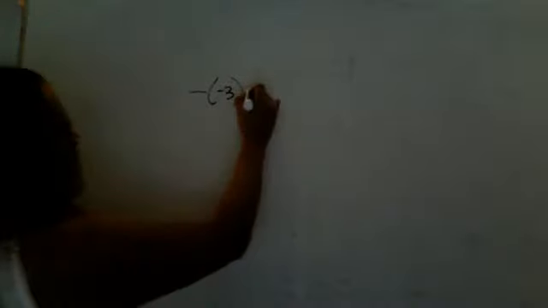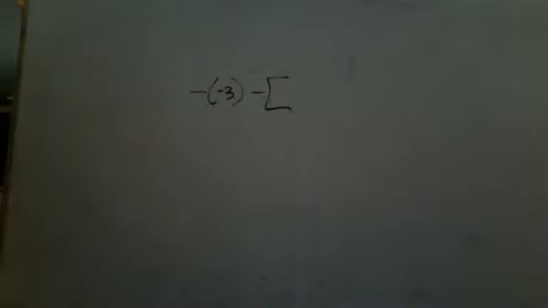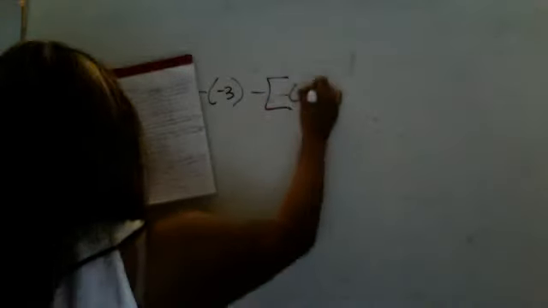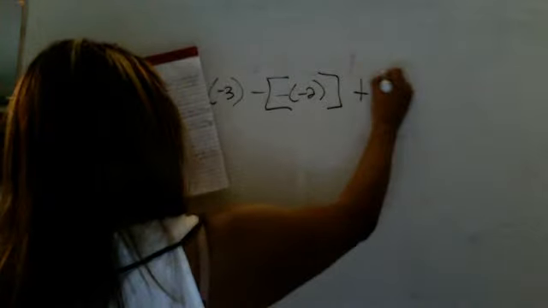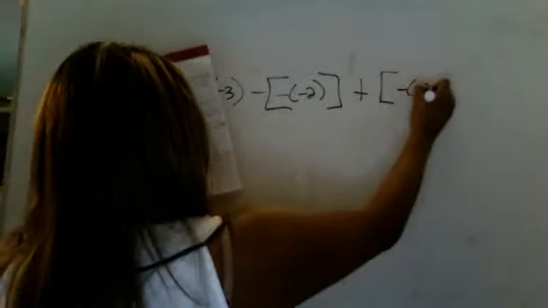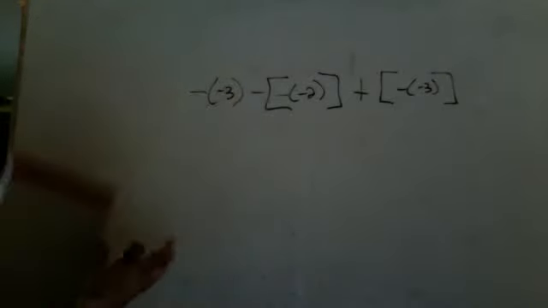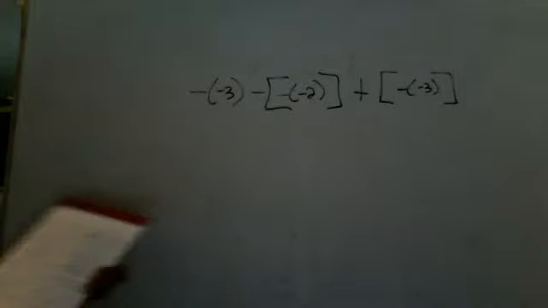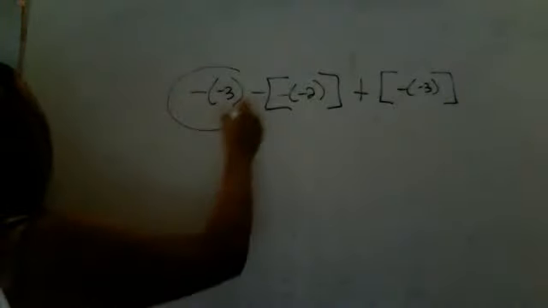So let's look at this: a negative 1 times a negative 3 minus bracket... Okay. How do we get that? Well, the first thing we're going to do is circle each term.